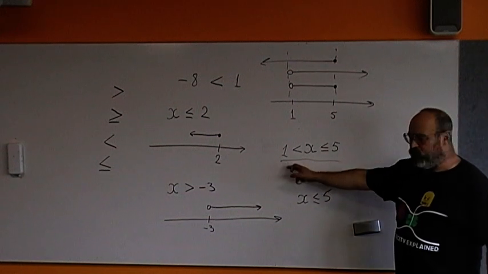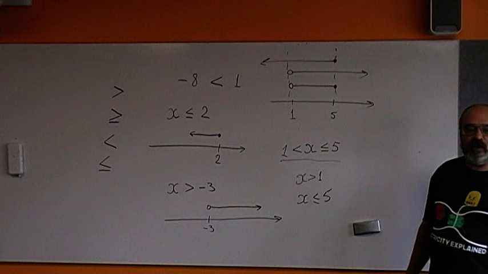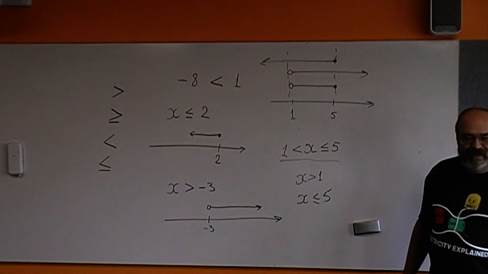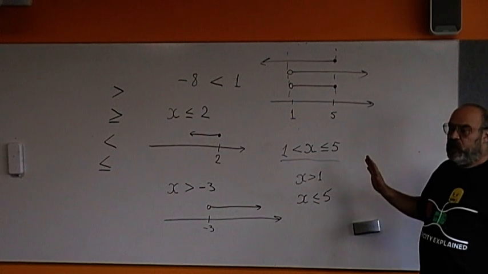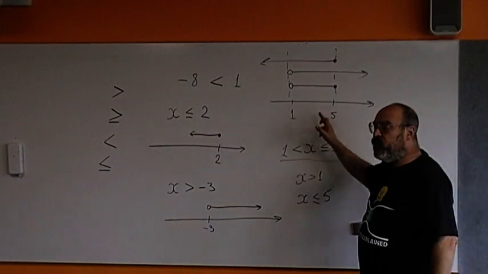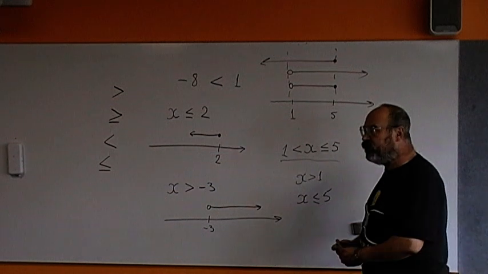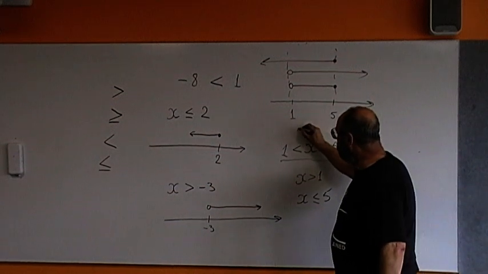Between 1 and 5, greater than 1, so 1.001 is greater than 1. Make sense? It can also be a decimal. All numbers between 1 and 5, not only 2, 3, and 4.